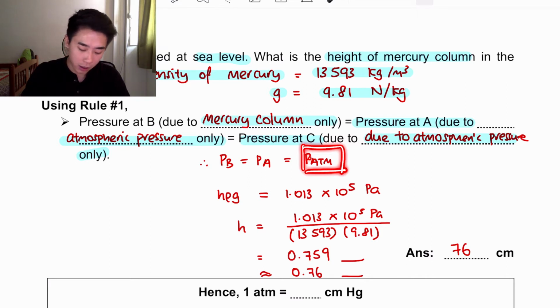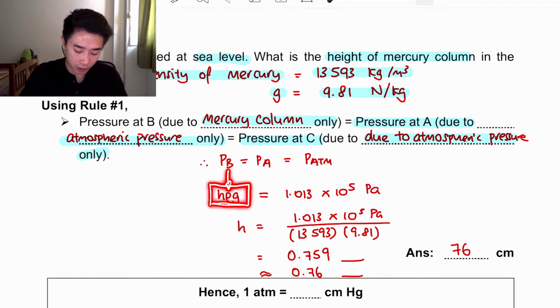Now PB, because it's just below the mercury column and nothing else, the pressure caused is only due to the mercury column, and mercury is a liquid, so I can apply the pressure for fluids, which is H rho G, and H rho G will be the same as my atmospheric pressure. Then you manipulate: you divide your atmospheric pressure by rho, which is 13593 for mercury, and you divide by 9.81, which is the value for G, and you'll find that you have 0.759.